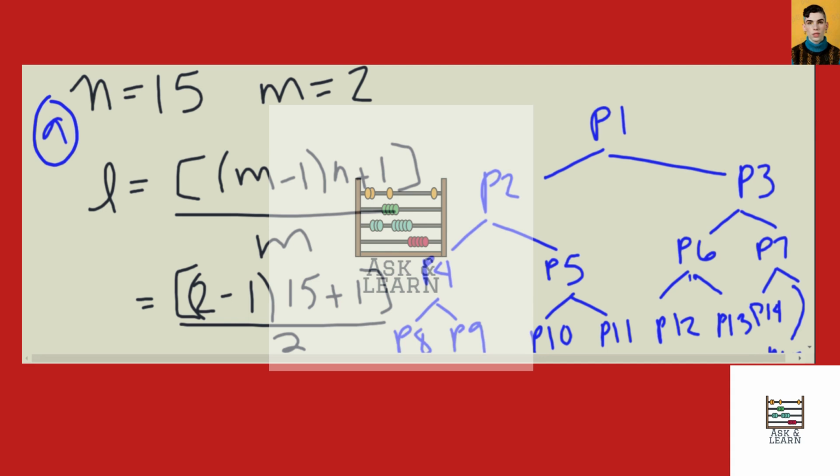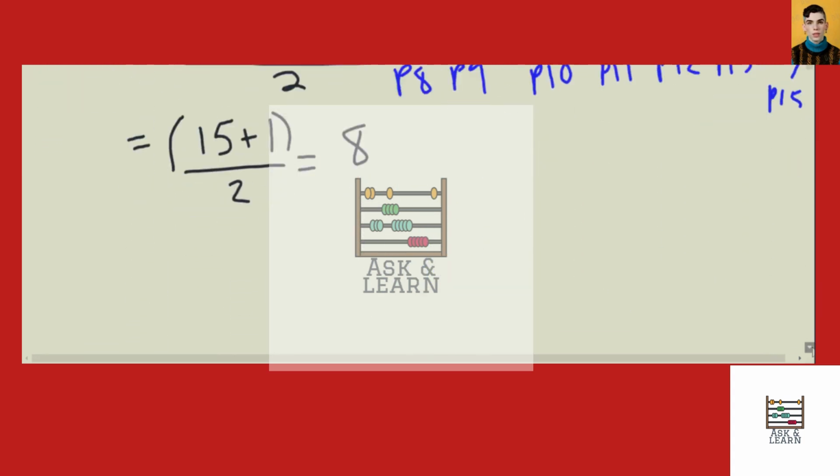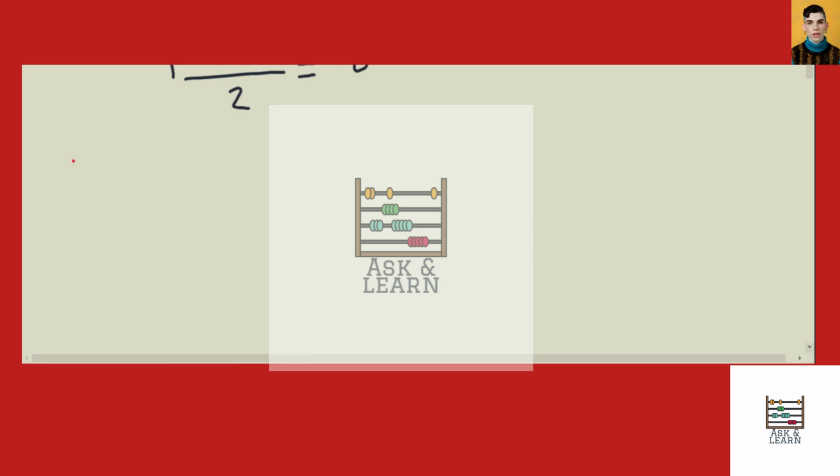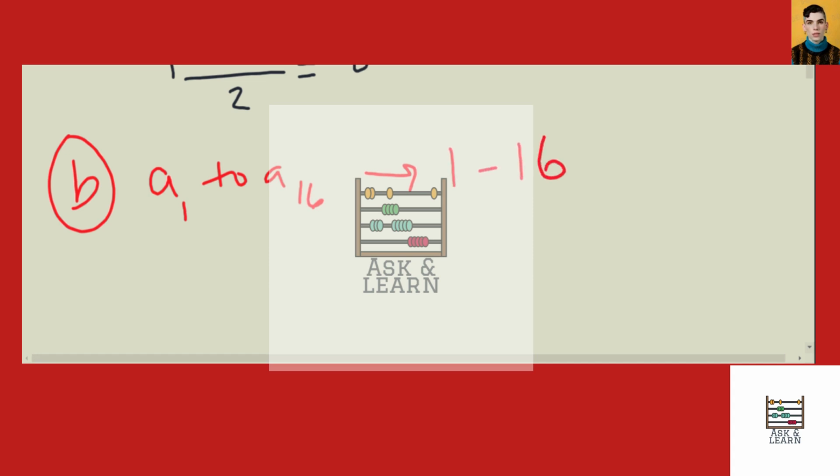And then part B asks us to show how 16 numbers can be added using the 15 processors in part A in 4 steps. So if we have 16 numbers, I am going to let A1 to A16 be my numbers 1 through 16. Okay.